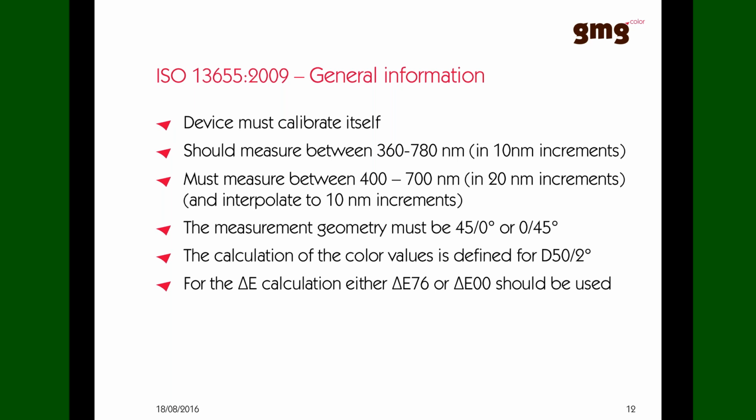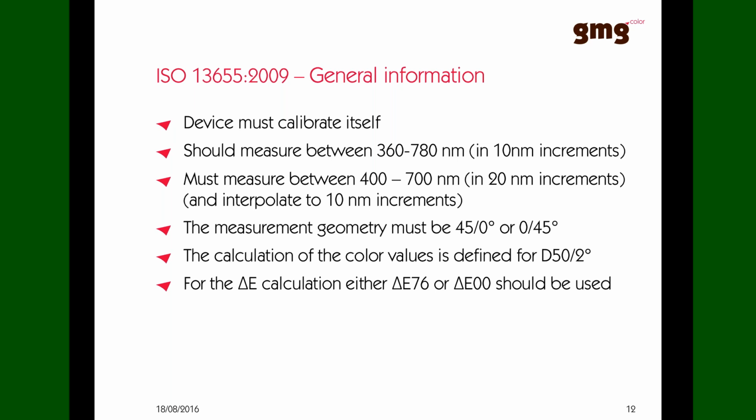And then there's also the must. It must measure between 400 and 700 nanometers in 20 nanometer increments. And it should also interpolate the 10 nanometer increments if it can't measure in 10 nanometer increments from the beginning. So the nanometer is the spectral range of the colors that we see.